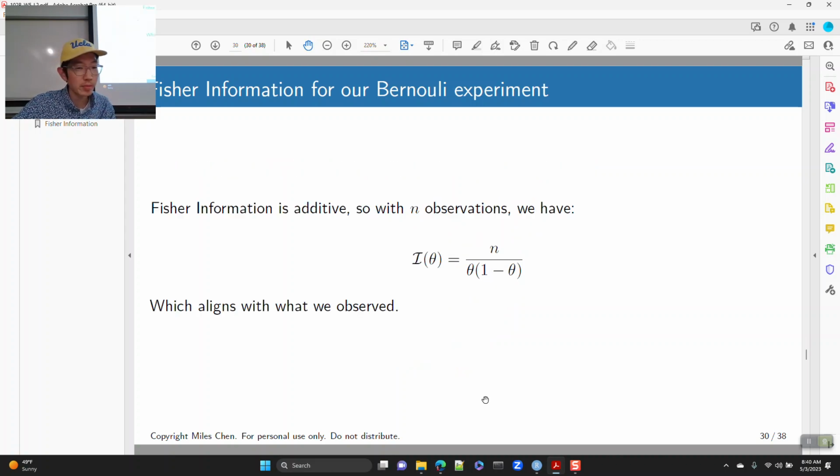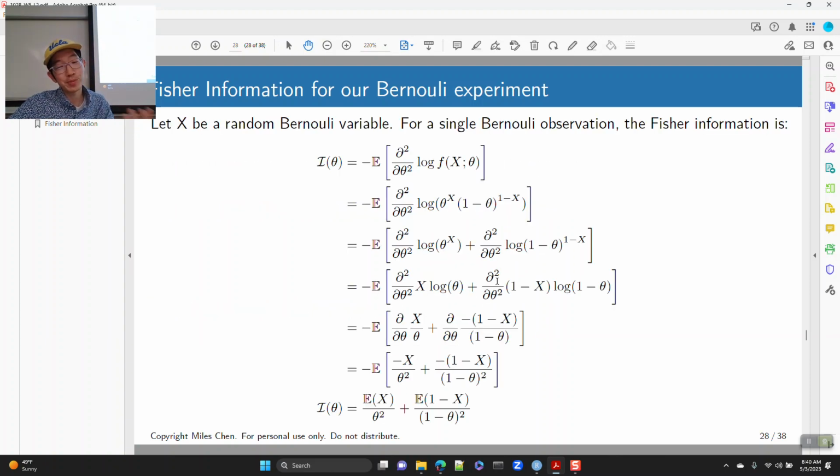Okay, the Fisher information is additive, and so here I just wrote that the Fisher information is additive. So with n observations, we're going to get this. But you can also work out the math yourself if you wanted to, right? You could say, all right, what if I have n observations from a Bernoulli distribution?